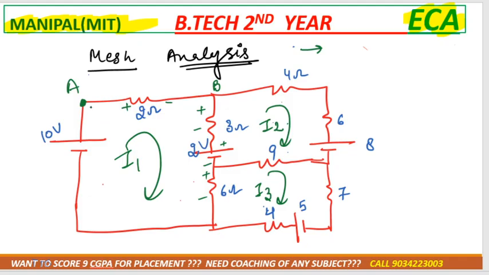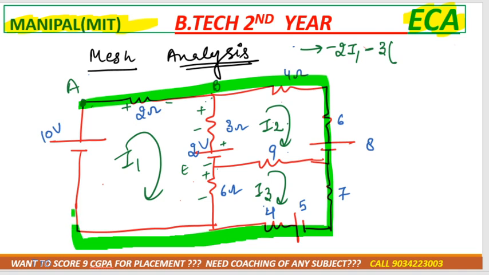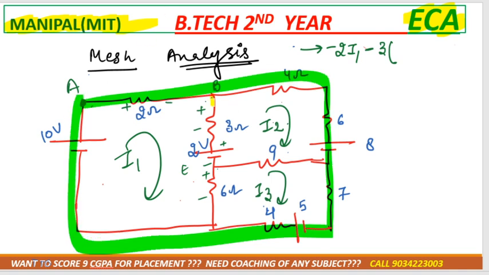Okay, so you are moving from A to B, so that would be minus 2I1. You are moving from B to E, then that would be minus 3, it's in the middle branch. Remember, these are the corner walls of your house and this one is the middle wall of your house, right?